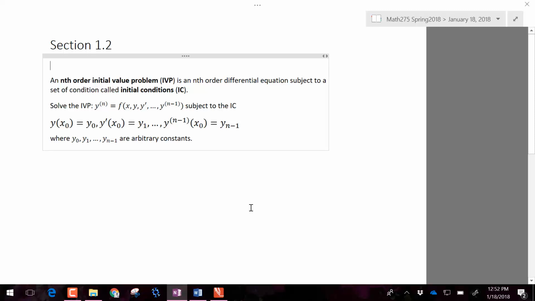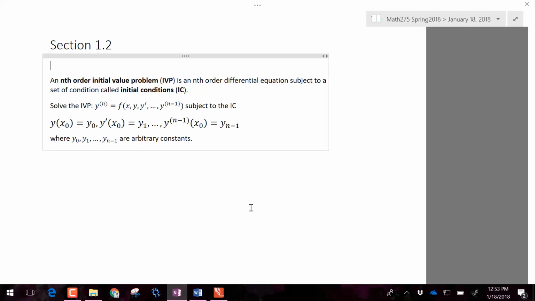So a definition that we're going to be using a lot is IVP. We have to know what that is. An IVP is an initial value problem. An initial value problem is a differential equation that has initial conditions. And initial conditions are conditions that are given on the particular function that you're trying to solve for.